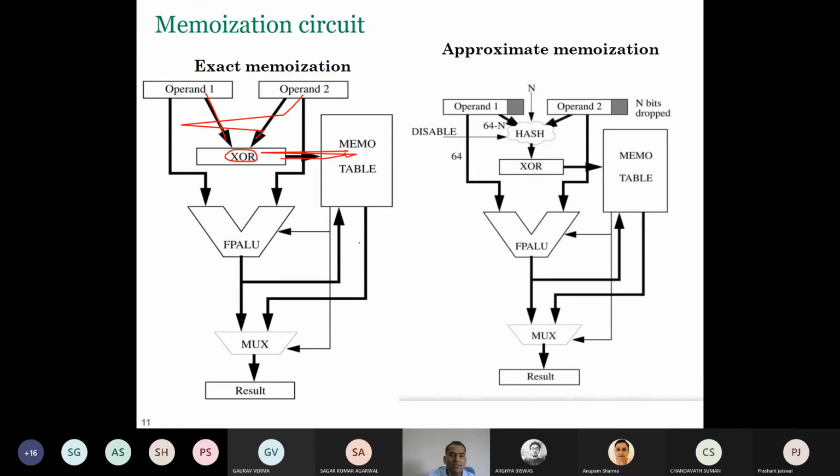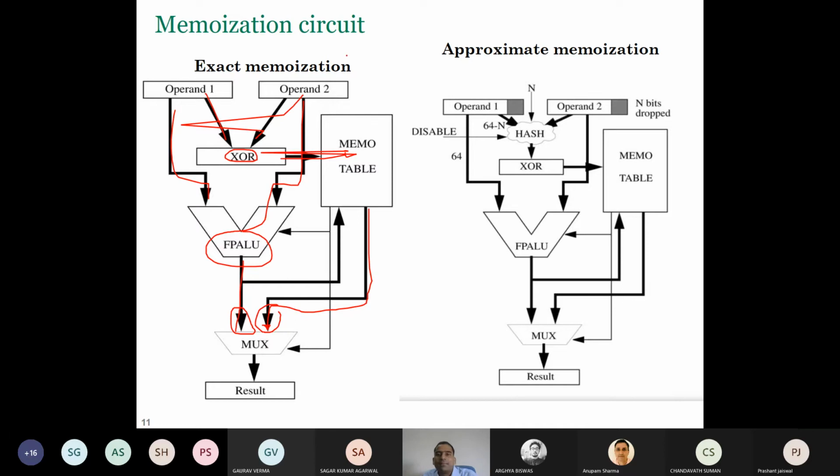If we get the result from the memoization table, we will read that result here. Sometimes we don't get a result from the memoization table, so to save time, in parallel, we also do the actual ALU operation. Depending on whether we found the data in the memoization table, whether there was an exact match or not, we will either read the ALU result or the memoization table result.